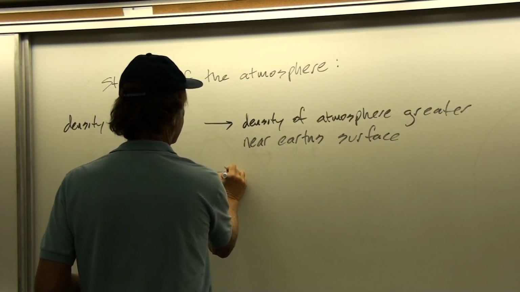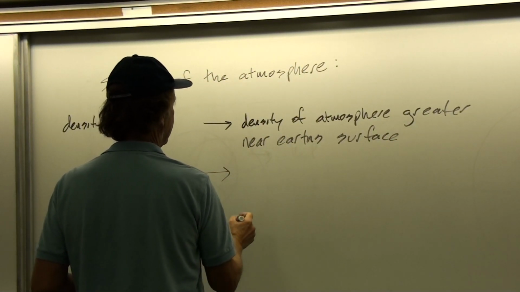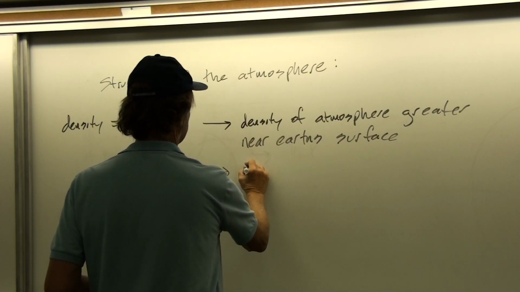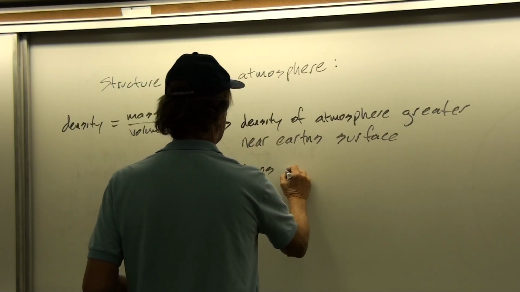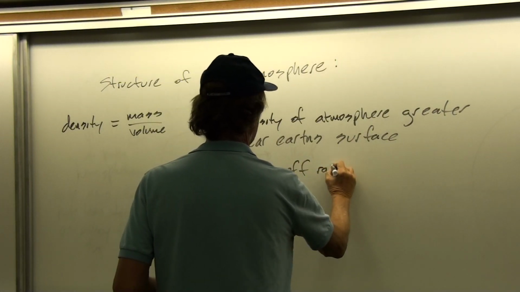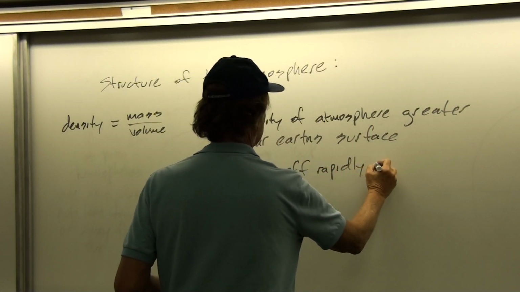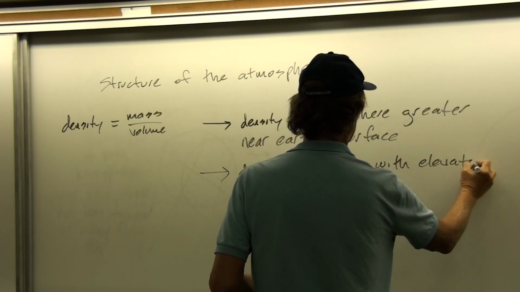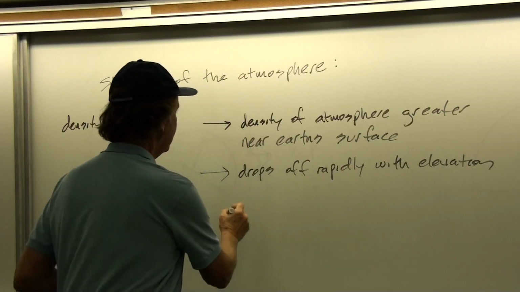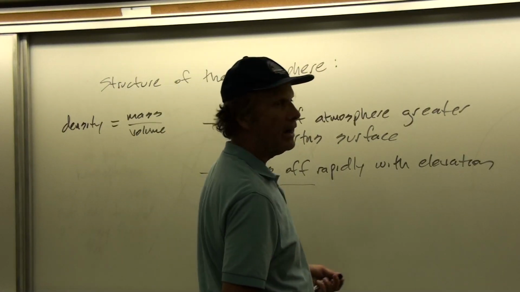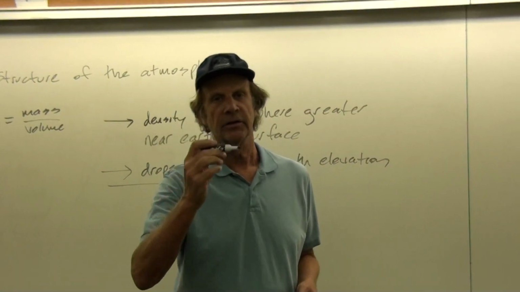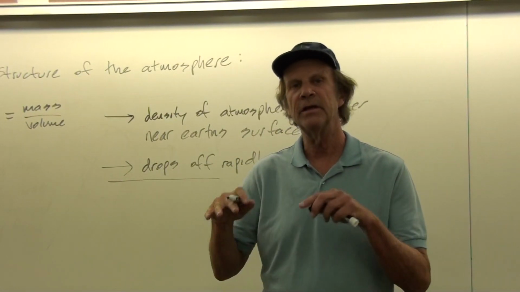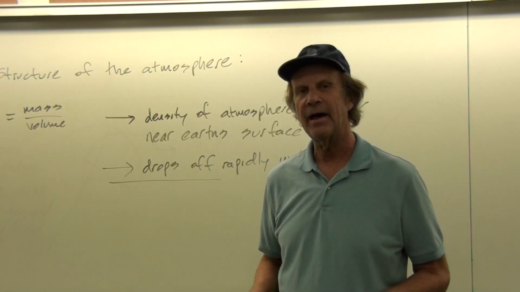And it drops off rapidly with elevation above the surface. And so our rockets that are put into orbit don't want to feel atmospheric drag, and so they want to be above pretty much the entire atmosphere.